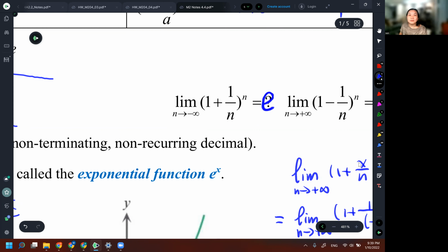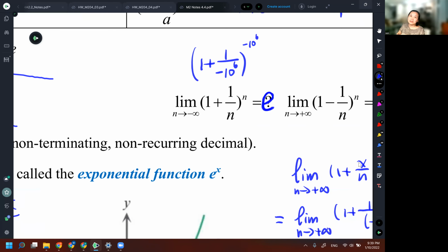Now, if you don't believe me, because the whole chapter is based on guessing, you can put in n equal to -10 to the power 6, so 1 plus 1 over n, to the power -10 to the power 6. You can input and see if it's equal to 2.7 or something. Let me try it for you.